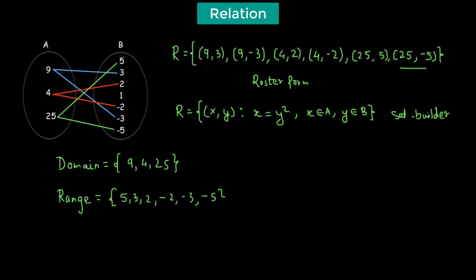These are the 6 elements which have participated, in the sense that 5, 3, 2, -2, -3 and -5 are all images of the respective elements in the domain. Then we have the codomain. The codomain will be all the elements of set B. So I'm simply going to write it as codomain is equal to the set B.